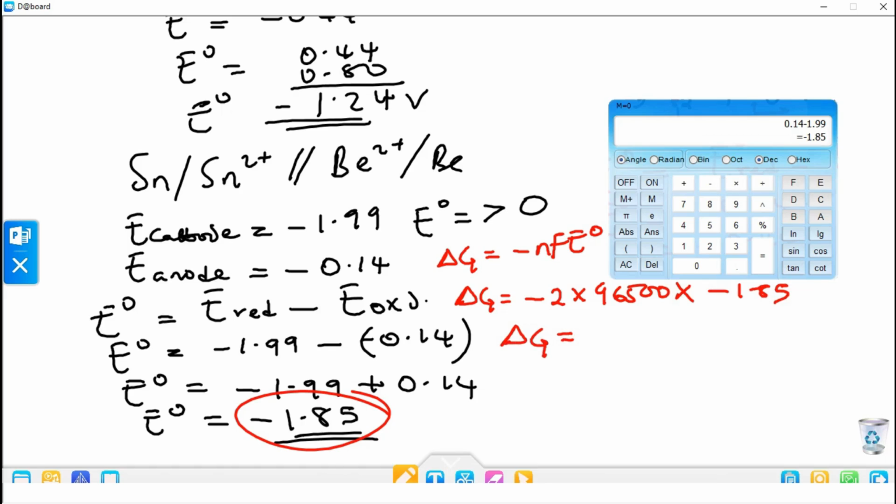This is going to be minus 1.85 times 96,500.